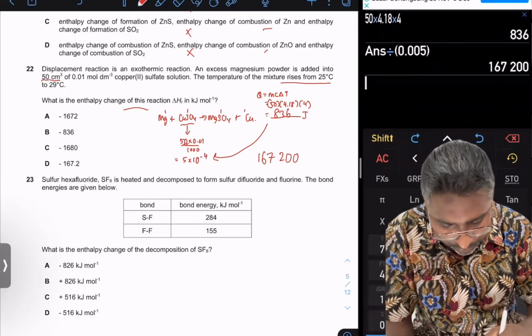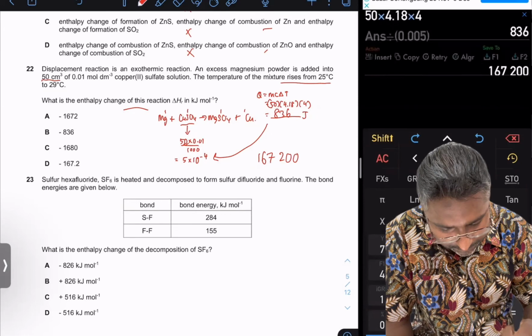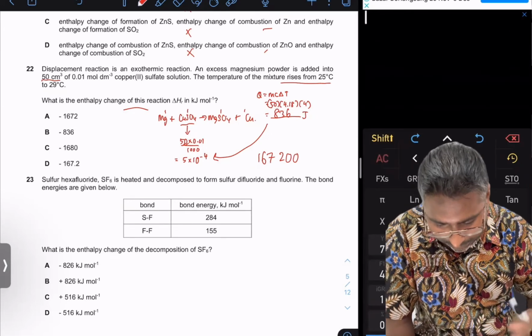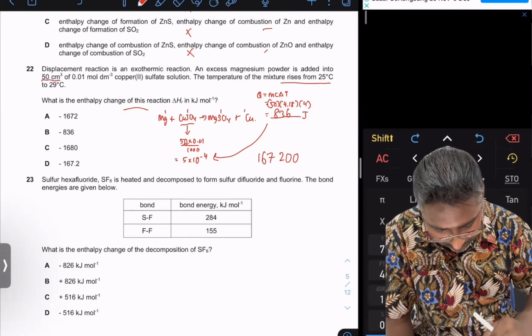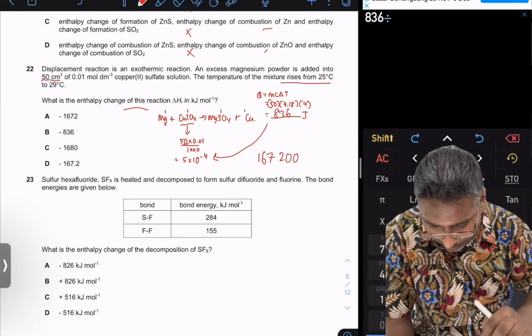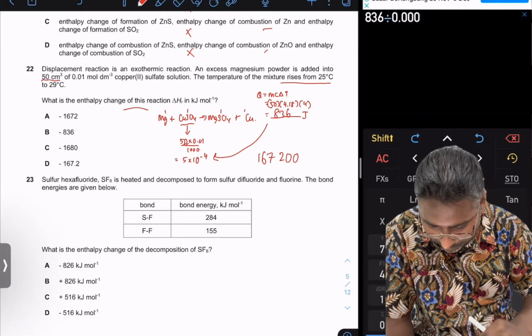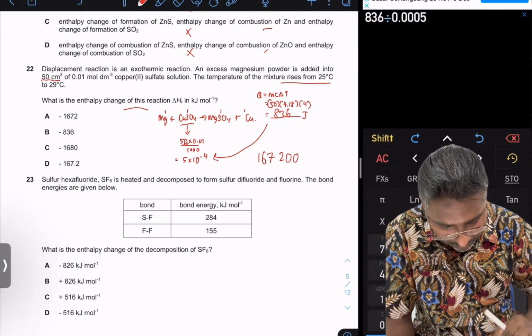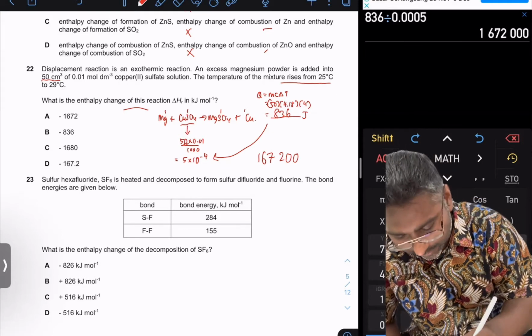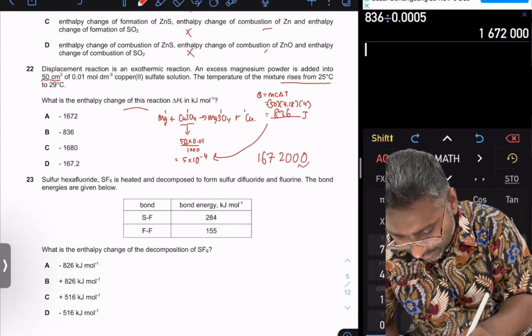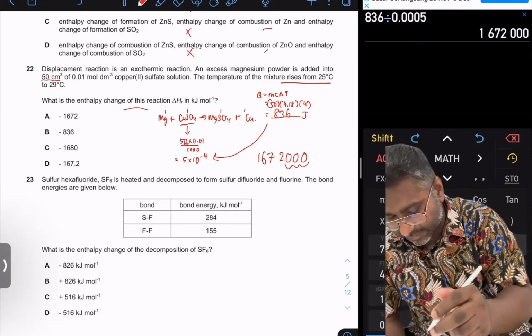So 836 divided by 0.0005, that's going to be 1,672,000. You change it to kilojoule, you get 1672.